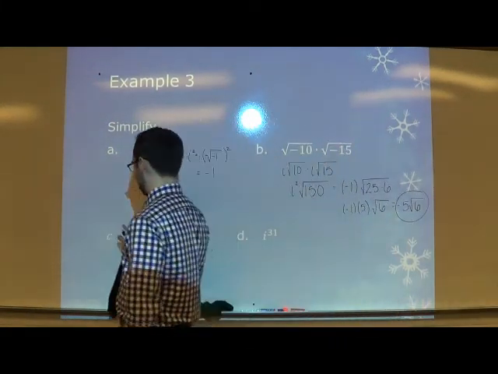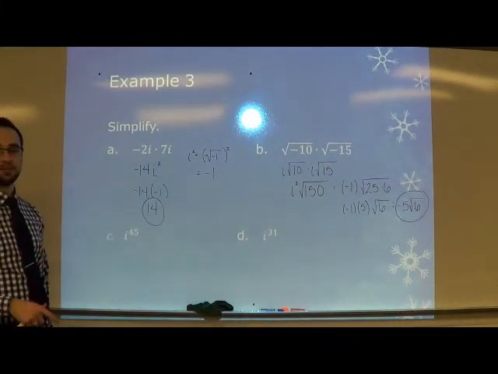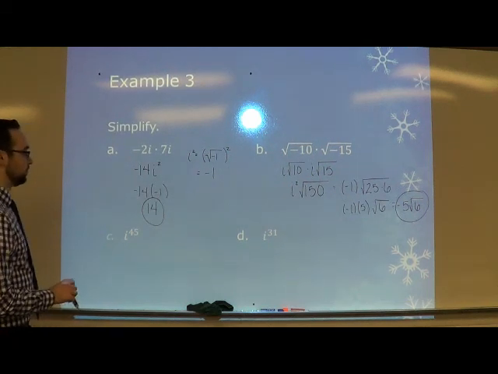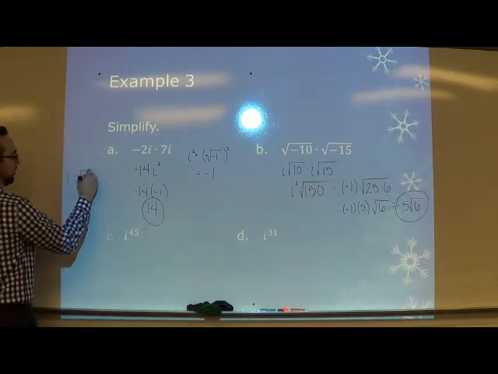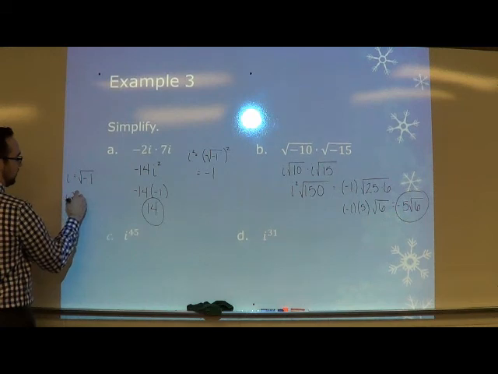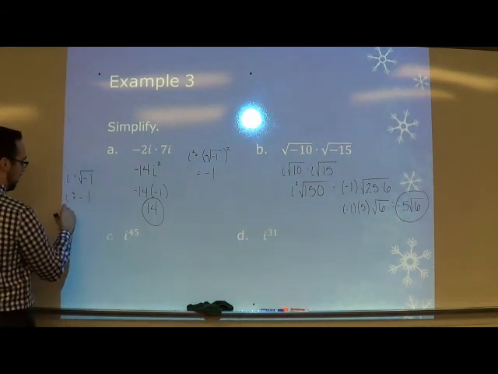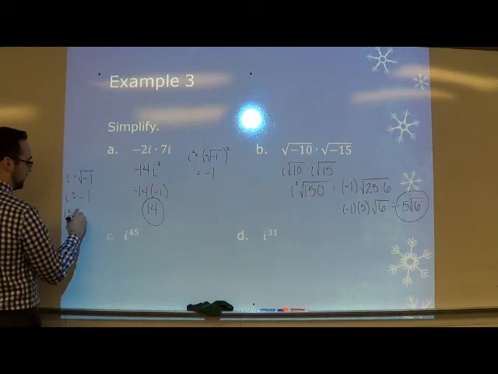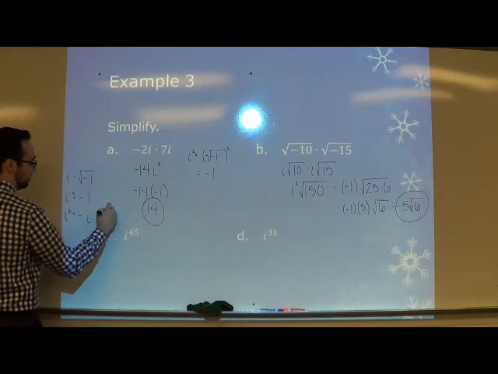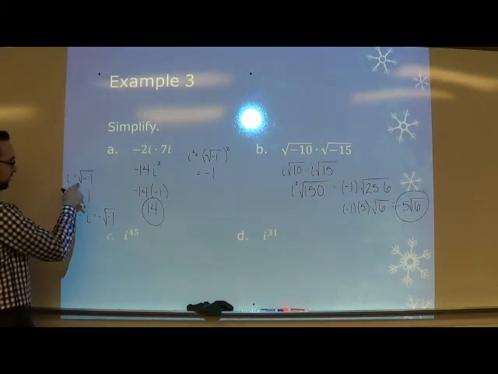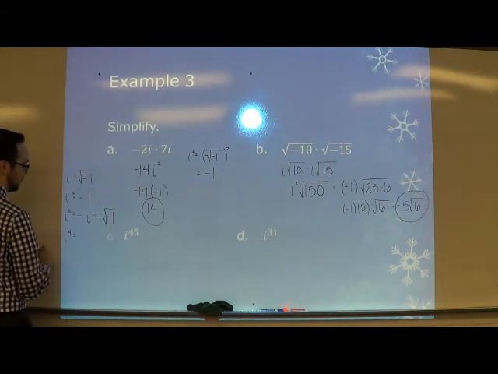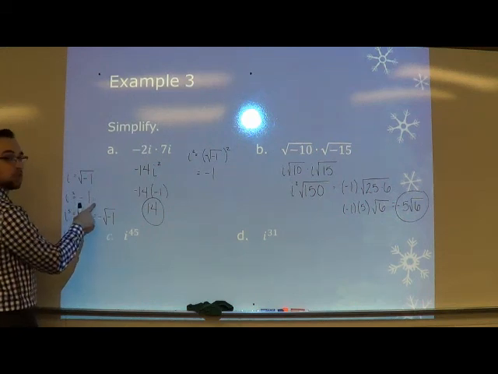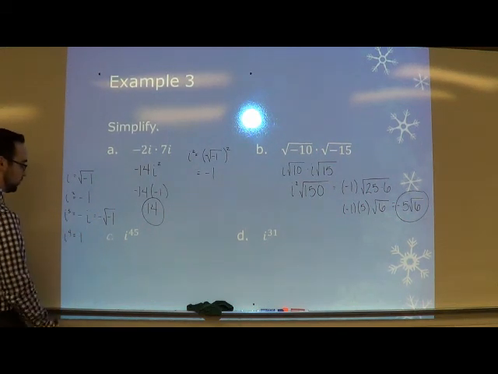Now when I have i to the 45th, that means we're taking i 45 times and multiplying it. However, if I go through this, i is the square root of a negative 1. i squared is negative 1. i cubed is a negative i, because that's equal to a negative square root of a negative 1. i to the 4th is i squared times i squared, which is negative 1 times negative 1, which is just 1.